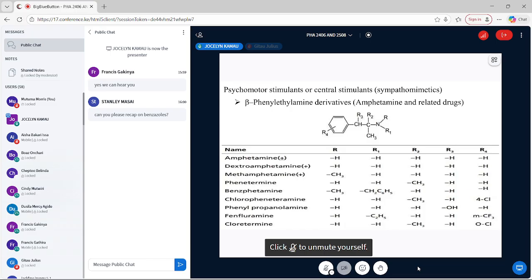But if you draw the structure of dopamine and noradrenaline, you will see that those compounds have the phenyl ring. They are catecholamines, so the phenyl ring has two hydroxyl groups.